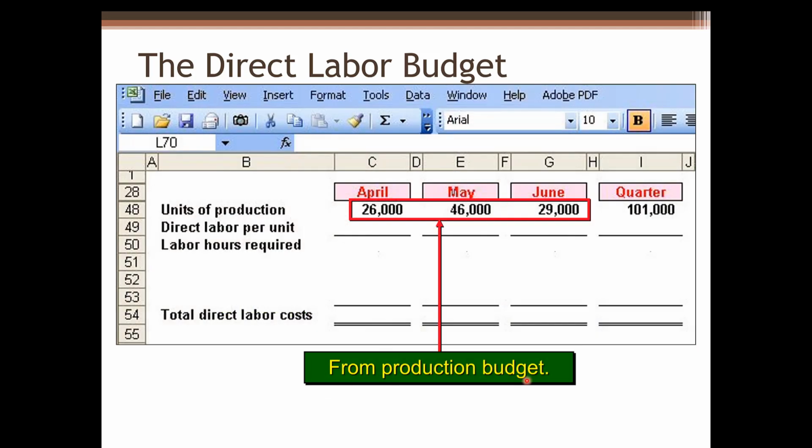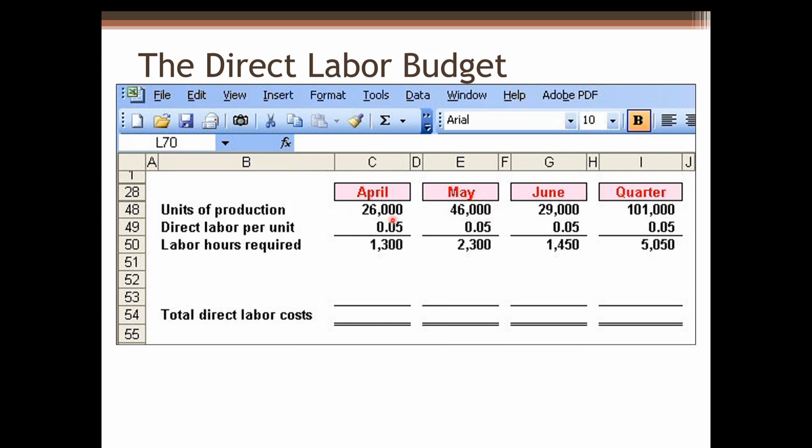From the production budget, we know required production in units for each month and the total for the quarter. Each unit requires direct labor 0.05 hour. So for each month, we can use required production units multiplied by 0.05 to get labor hours required.